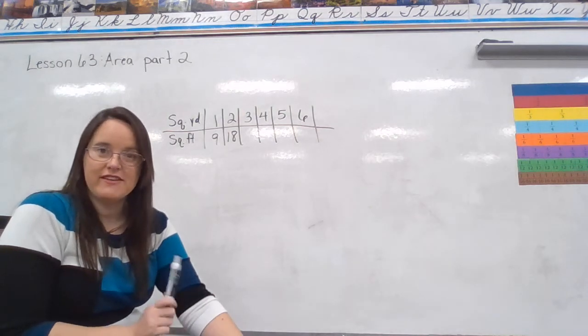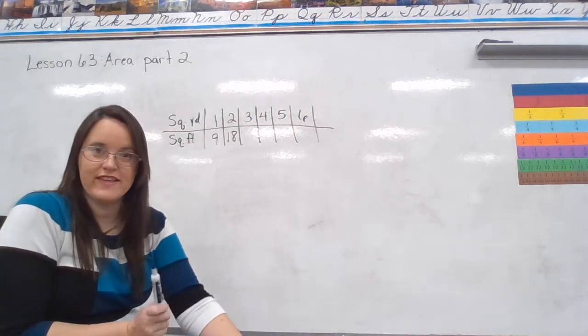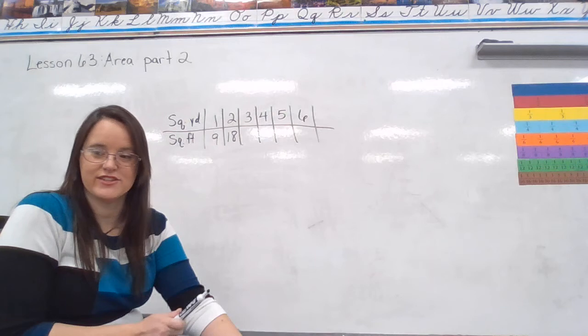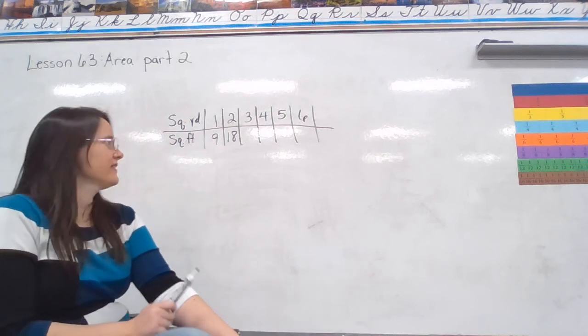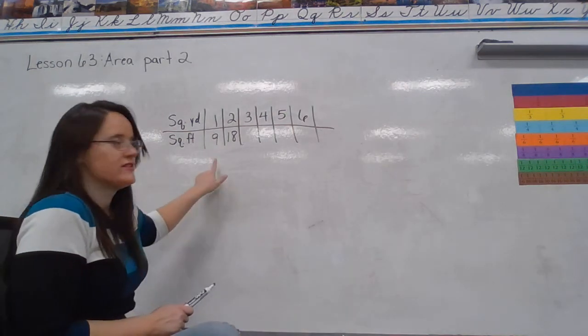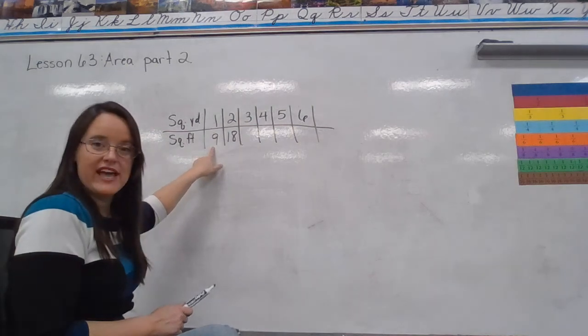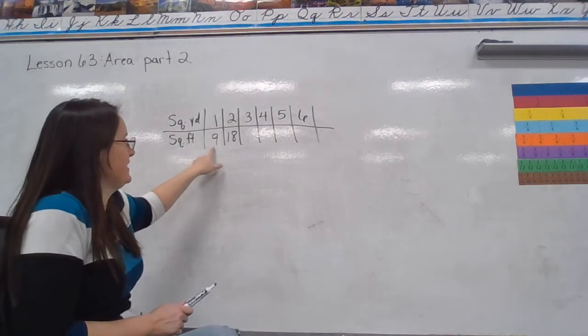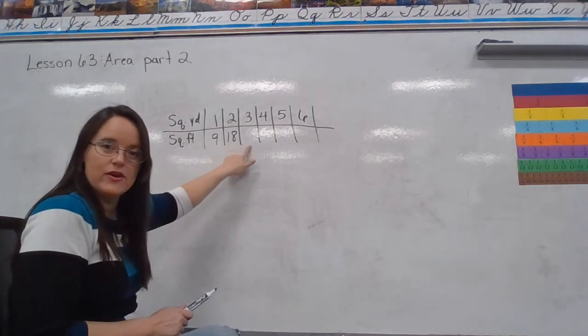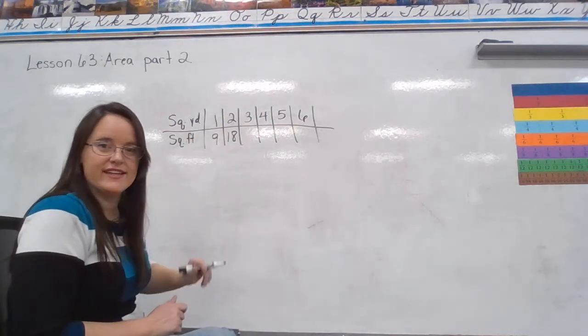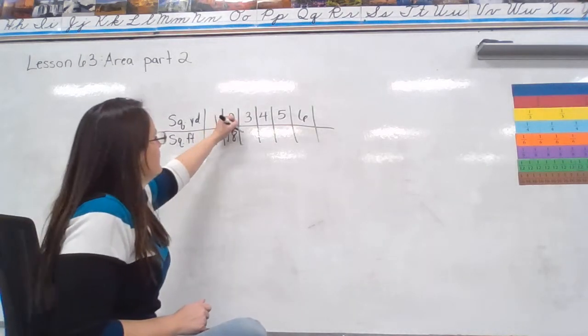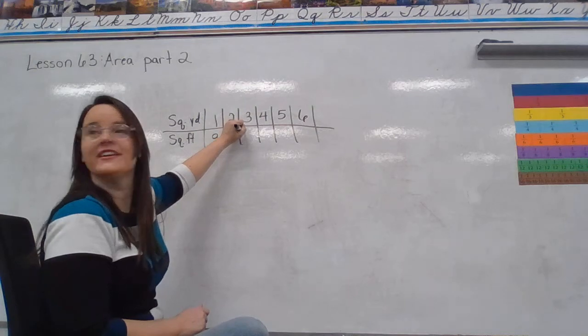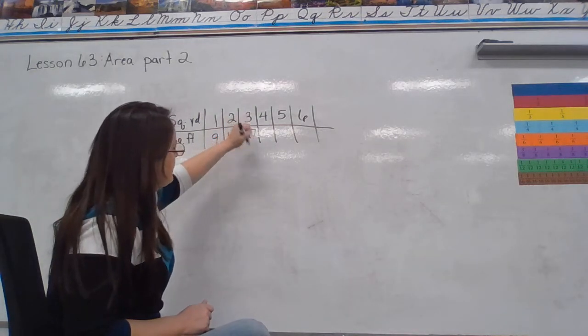So pause me, fill the table in for yourself, and then come back when you're ready to see the answer. So we can see that we're counting by 9s here. 9, 18. What's 18 plus 9? Riker got 27.